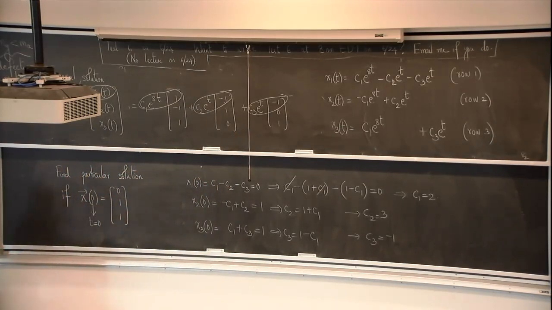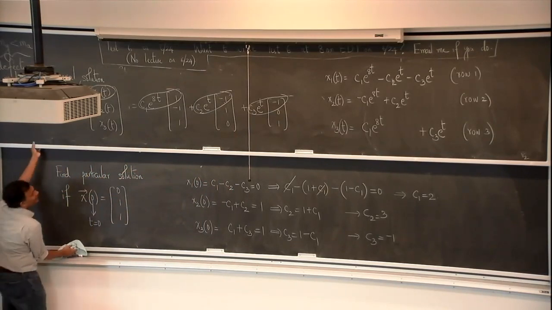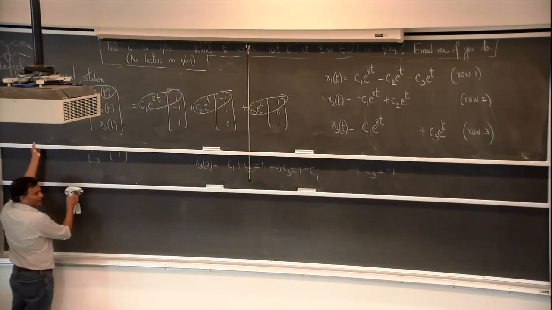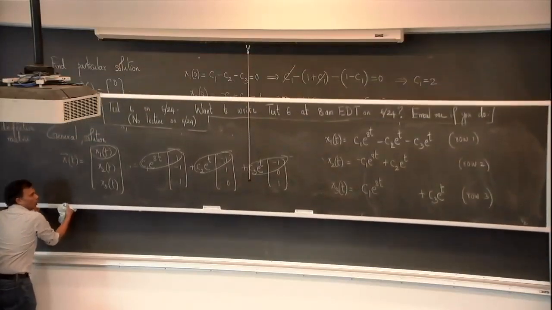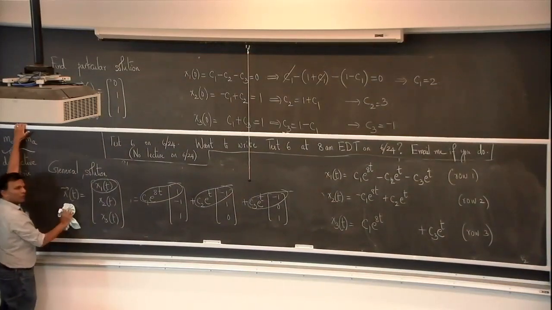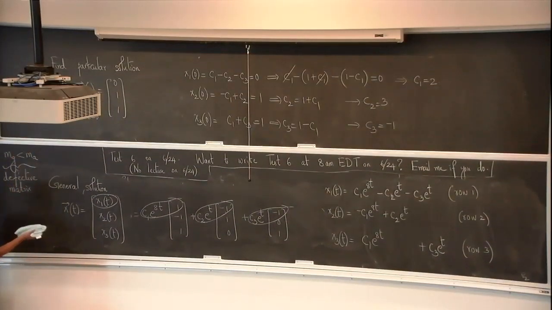Any questions about this before I show you the bad one? There is only one thing that you need to be careful about here. That is, if you are dealing with imaginary eigenvalues, it's a slightly different story. So I'll do one example today and then probably one or two more examples tomorrow, depending on how you feel about it.